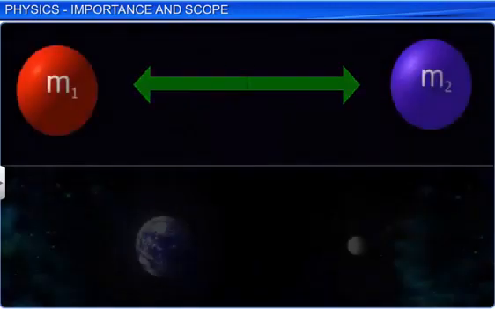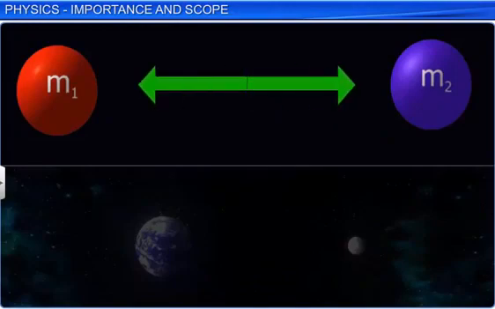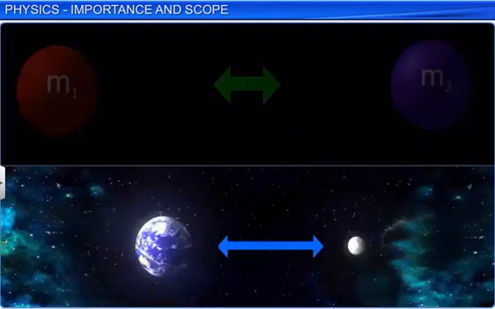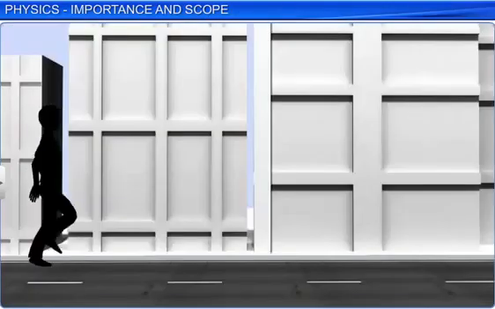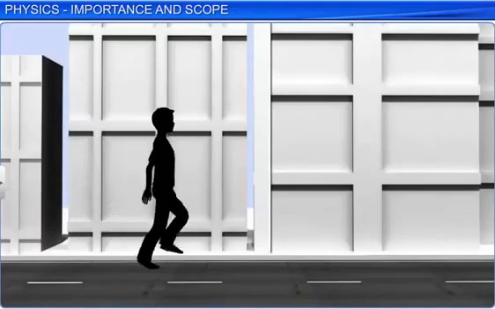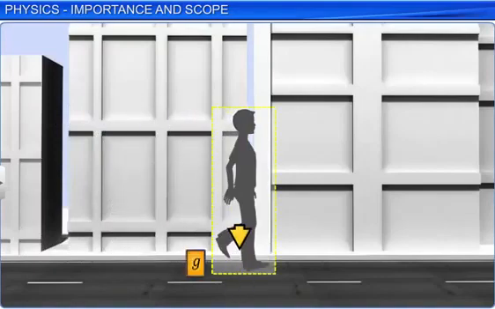The gravitational force is the force of mutual attraction between any two objects by virtue of their masses. It is a universal force, meaning all objects in the universe exert a gravitational force on each other. We are able to stand or walk due to Earth's gravitational force exerted on us by the Earth.